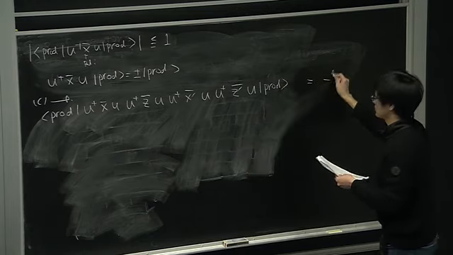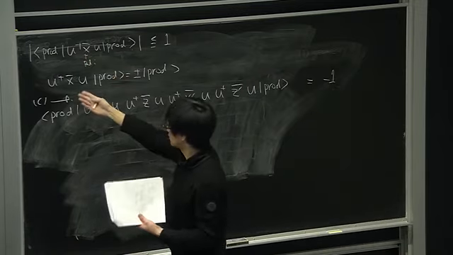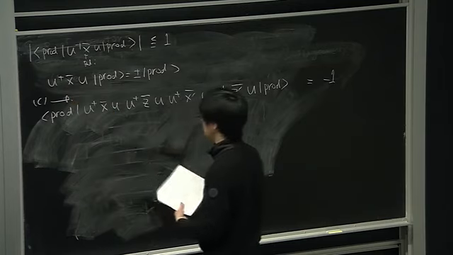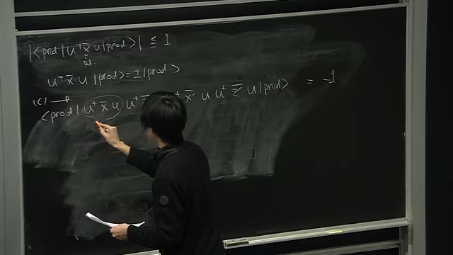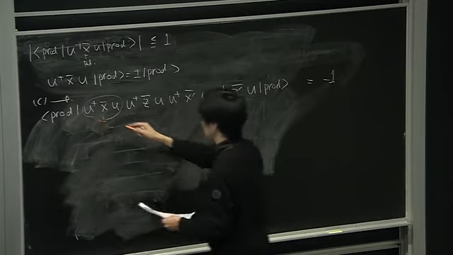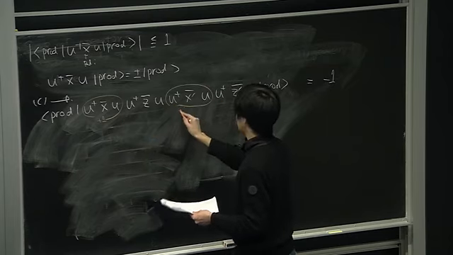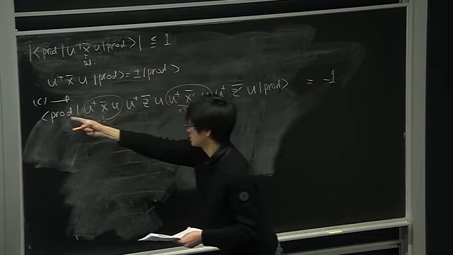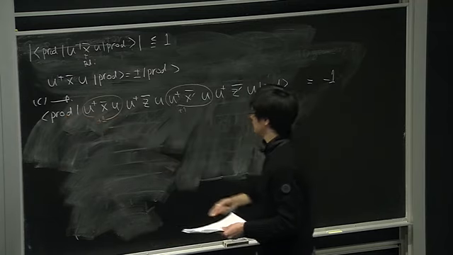This was -1. Here I argued with the x operator, but you can repeat the same argument for the z operator. This operator is +1 or -1. Let's say +1 in this case. It's an eigenstate, so it acts trivially on the product state and you gain some phase.